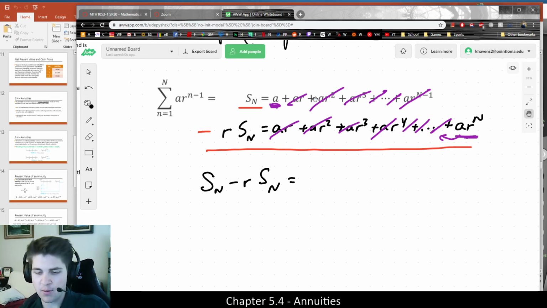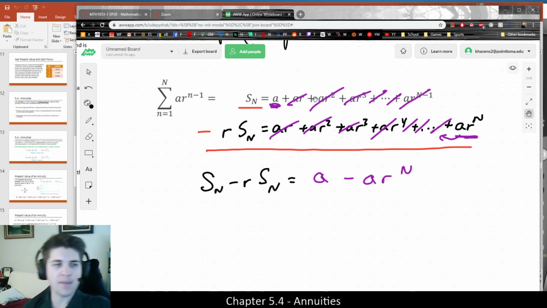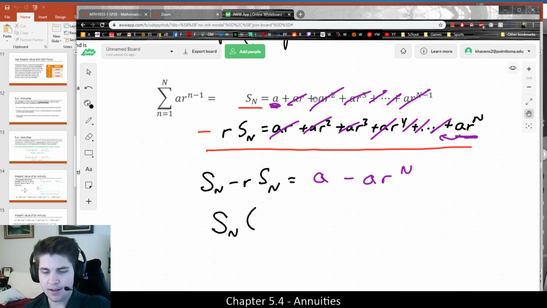What that would leave me with is a minus ar to the n, and this would give us the difference between the nth partial sum, basically the sum of all the payments, minus the ratio times all the payments. With a little bit of algebra, I could factor out the nth partial sum from the right-hand side here. I could also factor out a from the right-hand side if I so chose.